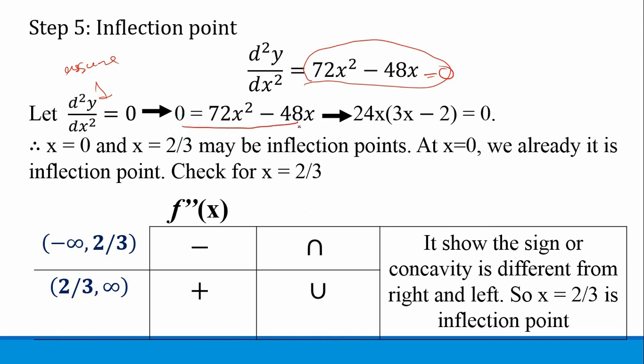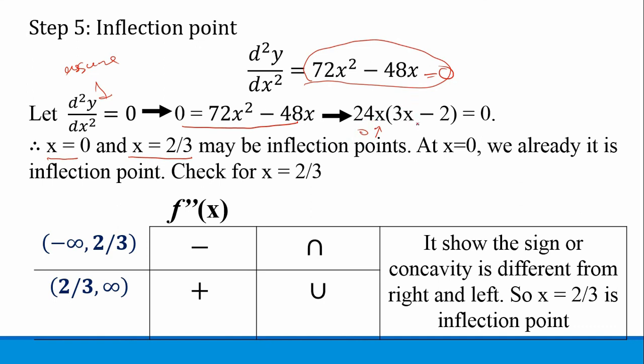Okay, you can use a calculator and you will get x equal to 0 and also x equal to 2/3. If you don't want to use a calculator, you can factorize like this. When will it become 0? When this side becomes 0, that is when x equals 0, the overall will become 0.